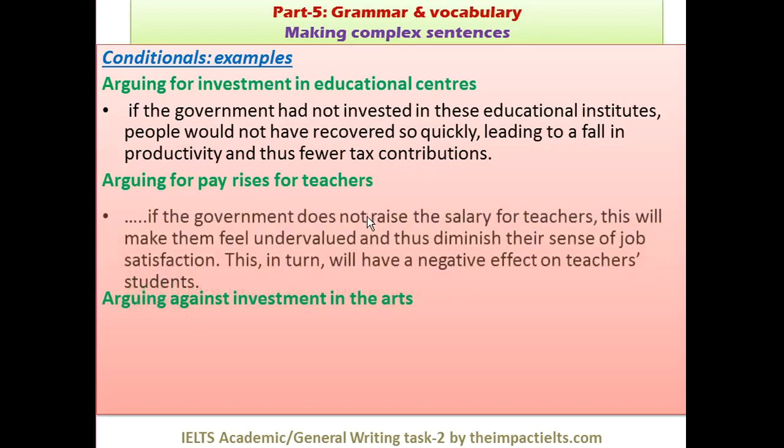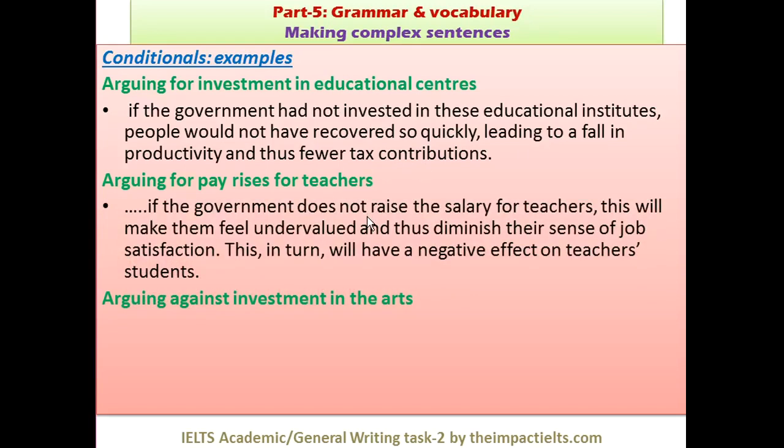Right? Let's take the second example, where the argument is being made for pay rises for teachers. So whether teachers should be paid a higher salary or not, this is the topic.